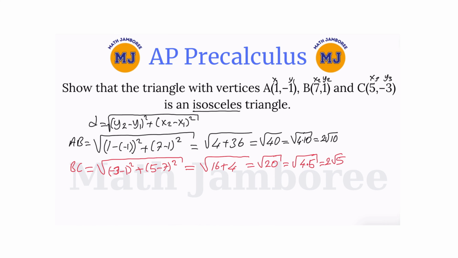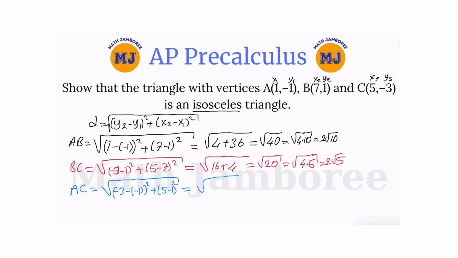I'm going to use blue for the third side, which is AC of this triangle. Negative 3 minus negative 1, squared, plus 5 minus 1, squared. The two negatives next to each other turn into a positive.